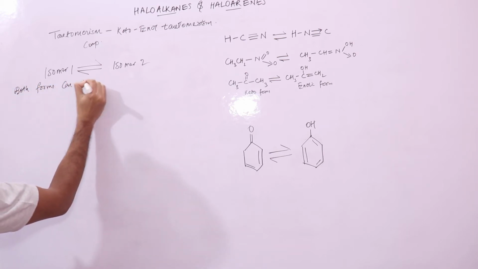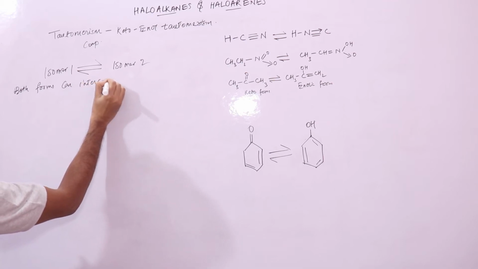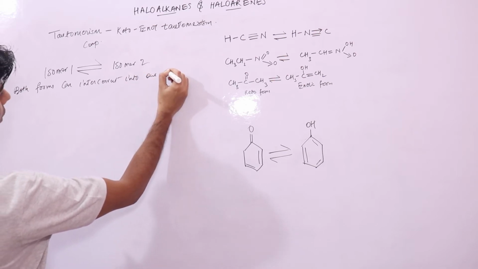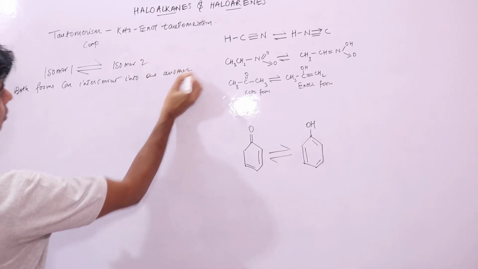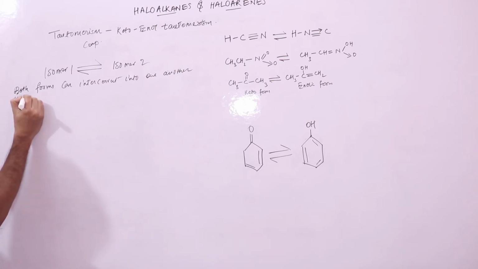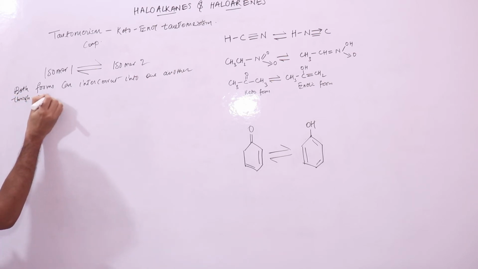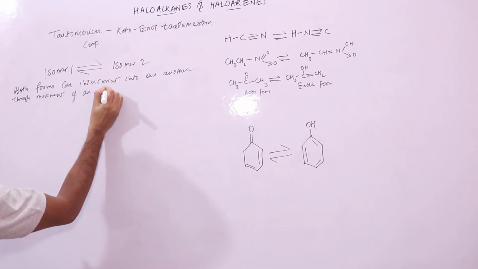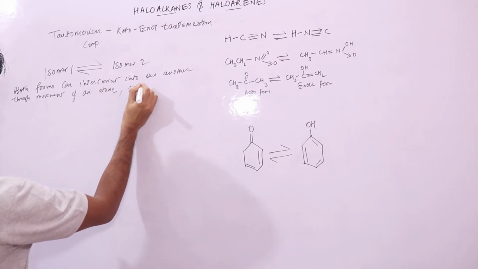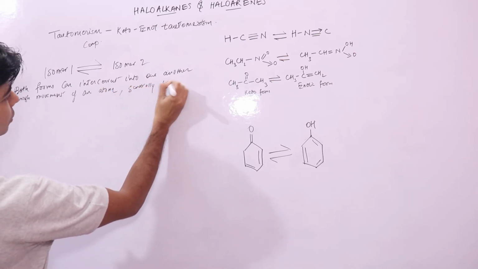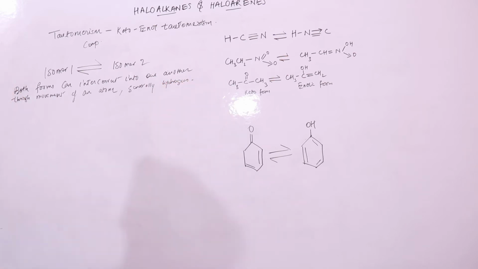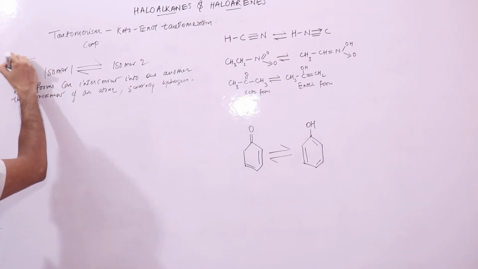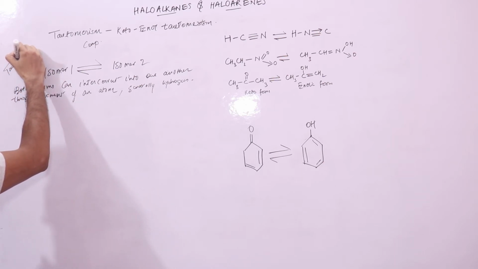So both forms can interconvert into one another through movement of an atom, generally hydrogen, and these two forms are called tautomers.